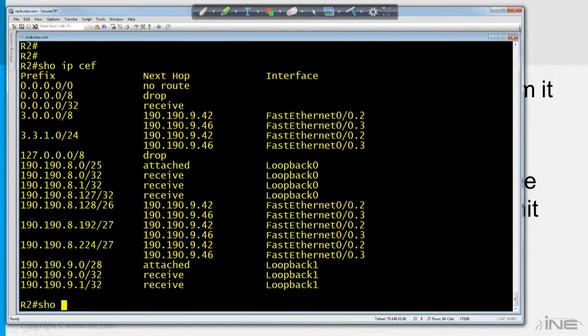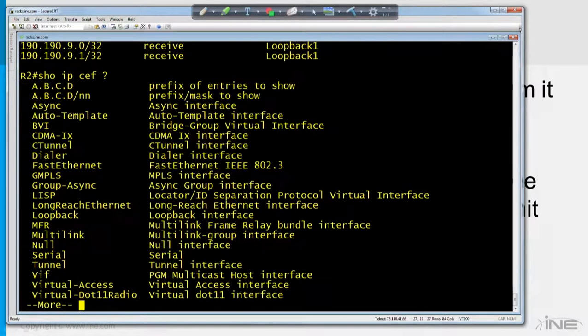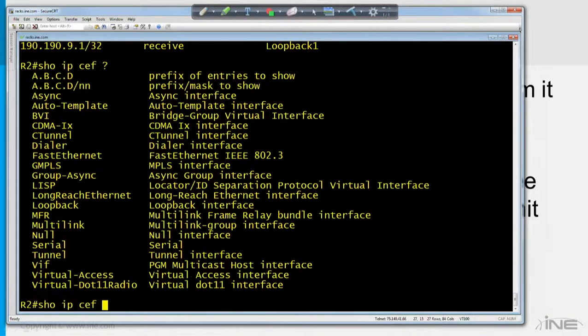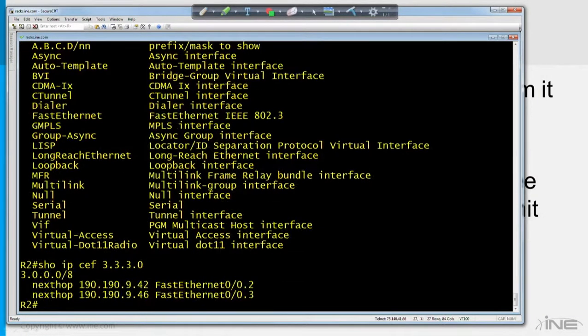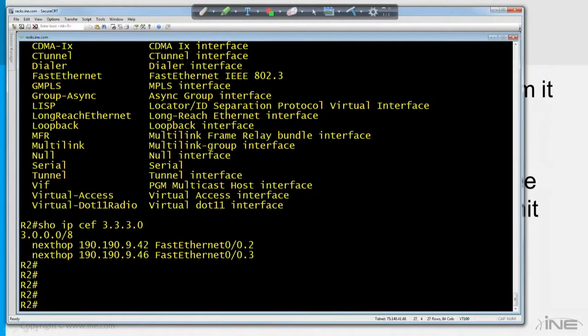Actually, we can do show IP CEF, and I think we can type in here the network address, 3.3.3.0. Yeah, it's just telling us that. So, not sure what would need to happen for it to send it out this way.